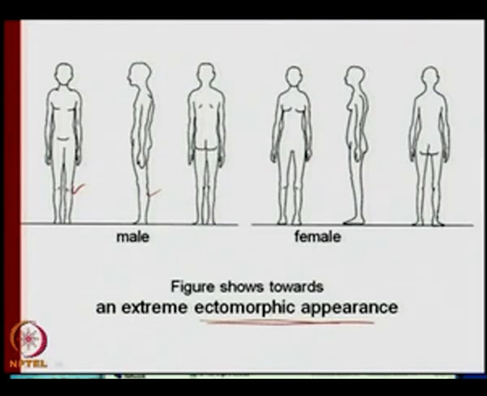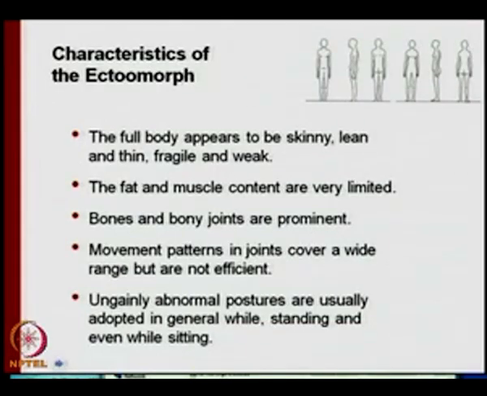The standing posture is not very graceful, for females also. Specific characteristics of the ectomorph: the full body appears to be skinny, lean and thin, fragile and weak.